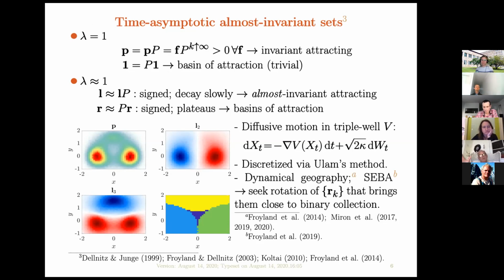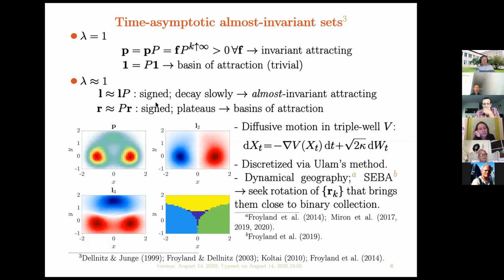So you can think about the whole space as a basin of attraction for P. But the left and right eigenvectors of P have a property of highlighting certain parts which are not going to be invariant, but are going to be almost invariant. The closer you get to lambda equals 1, the slower these sign densities are going to decay.